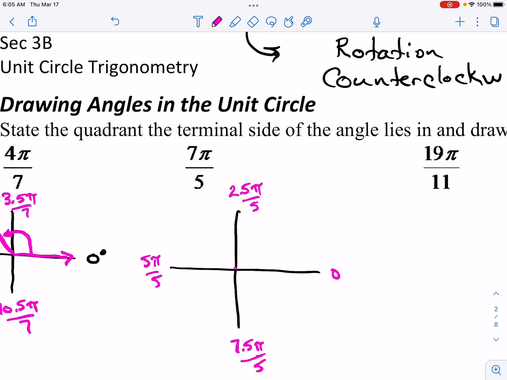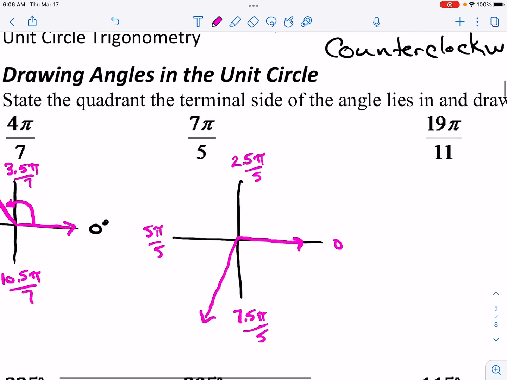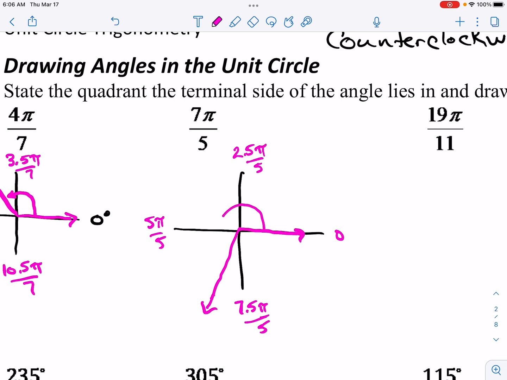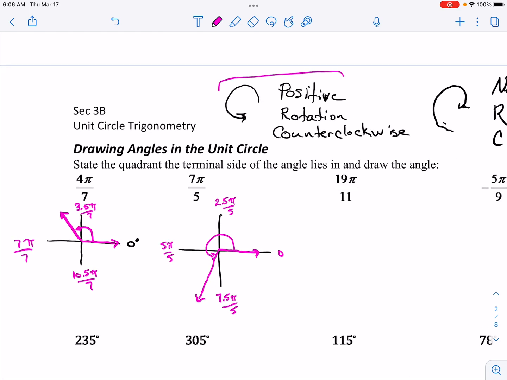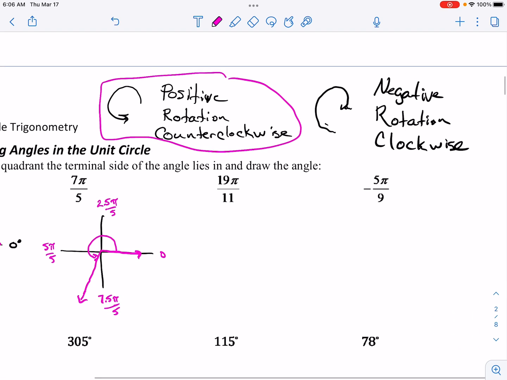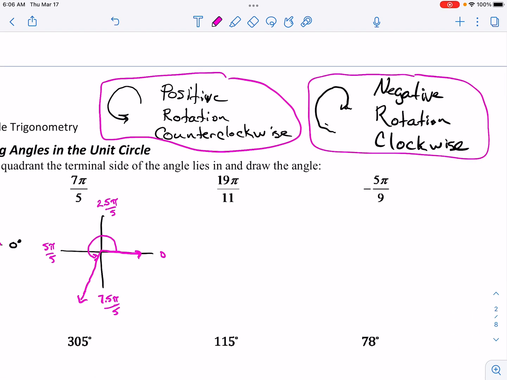So our initial side would always be pointing at 0, and our terminal side would be almost 3/4 of the way around, rotating in a counterclockwise direction because it's a positive rotation. Remember that positive rotation goes counterclockwise and negative rotation goes clockwise.